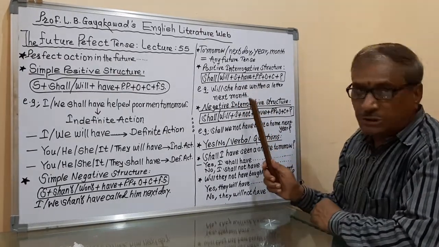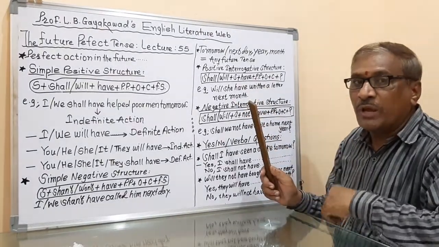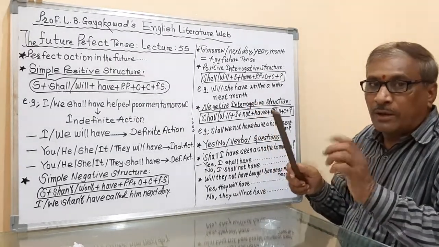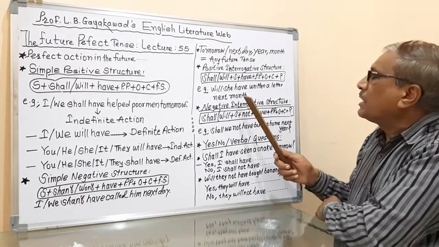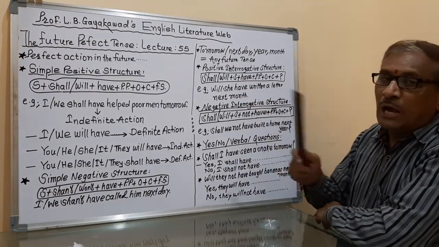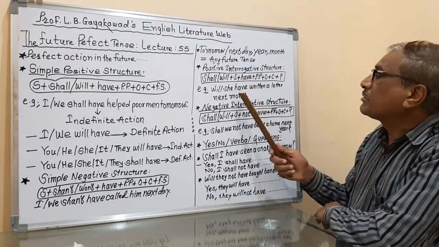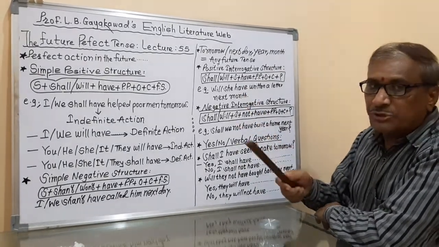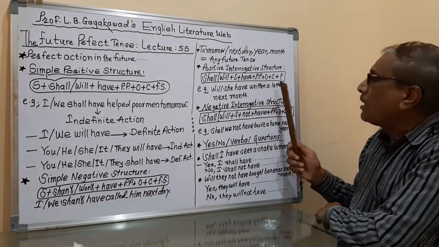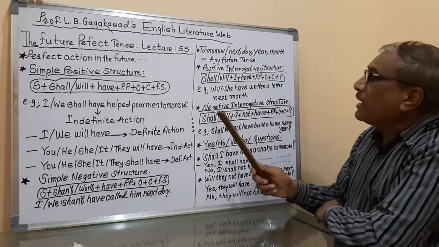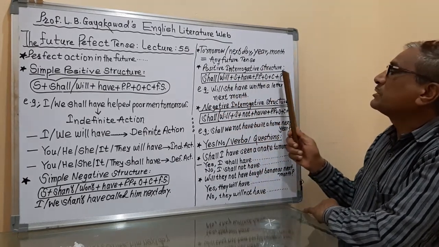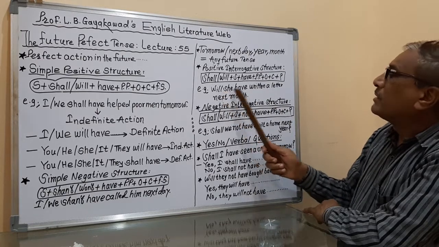This is the question. This question should be spoken in the tone of a question, and that's why here there should be the question mark. How will this question be spoken? Will she have written a letter next month? Like this, this positive interrogative structure will be in the sentence.